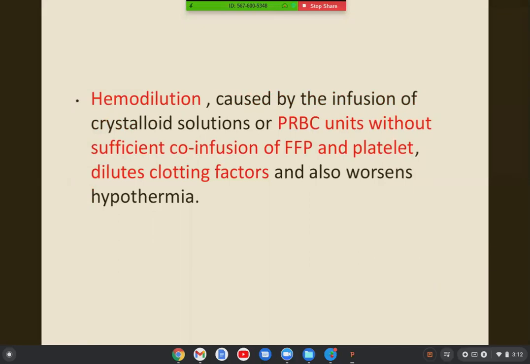Transfusion with crystalloid previously given causes hemodilution, or PRBC units without sufficient co-infusion of FFP and platelets will further dilute clotting factors.